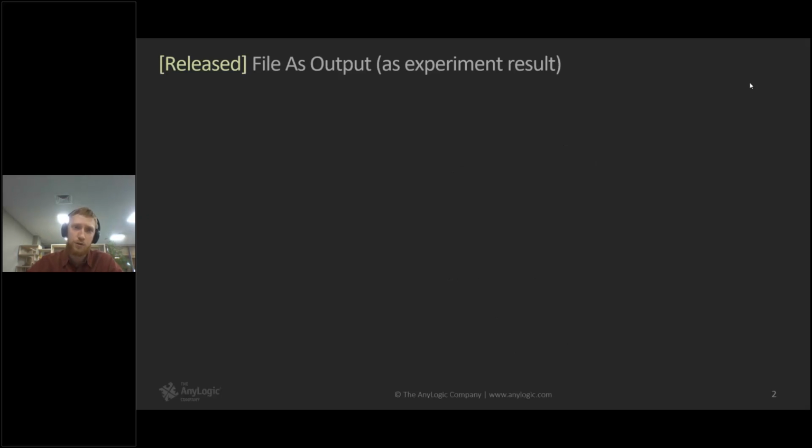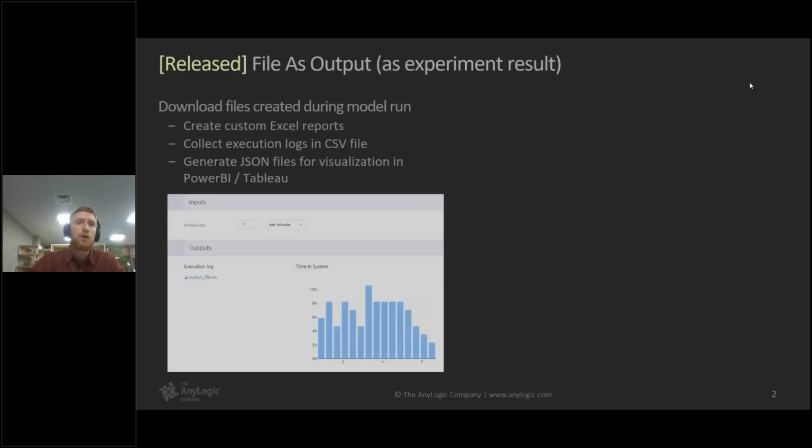We'll start from an already released feature, file as experiment result. It's a rather simple feature. You can specify a file, and if the model writes some data into the file, at the end of the model run you can download the file and it will contain all the data you specified during the model run. We support any file type for any purpose.